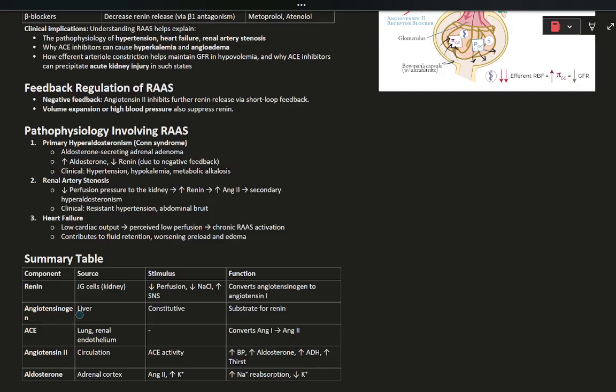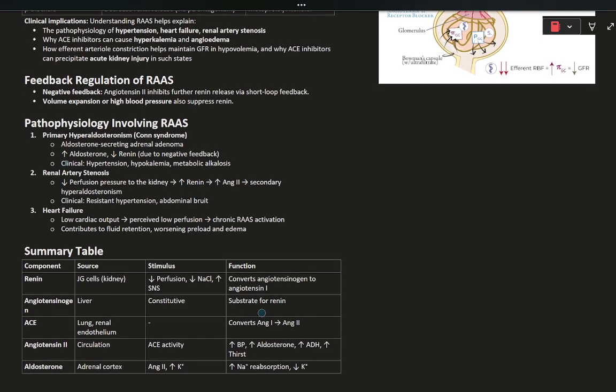Angiotensinogen is produced in the liver. It can be stimulated by various things, and it's going to act as a substrate for renin. And then renin is going to convert angiotensinogen into angiotensin I. Then we have angiotensin converting enzyme, which comes from the lung or the renal endothelium, and its function is to convert angiotensin I into angiotensin II.